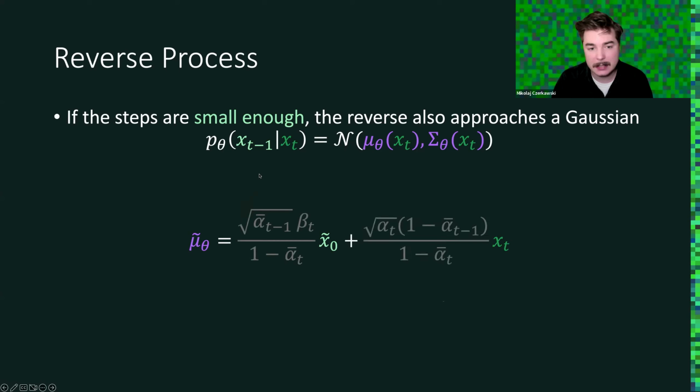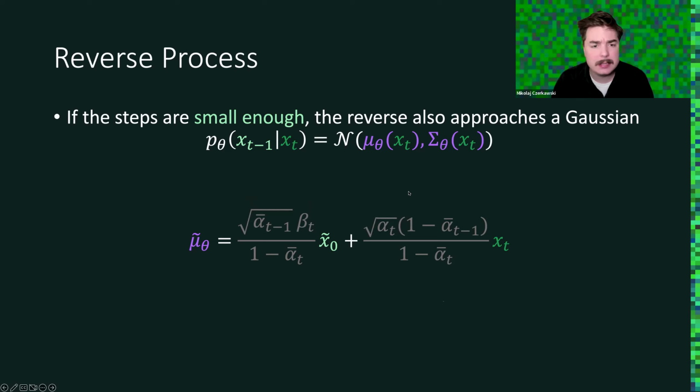The linear scaling between these two samples, again, can be derived through a set of operations that are available in the paper, but we won't go through that. So all the constants that are easy to compute beforehand are in gray color here, and what we have to focus on is what happens with the rest of the equation, which is the linear interpolation between the x0 approximation and xt.